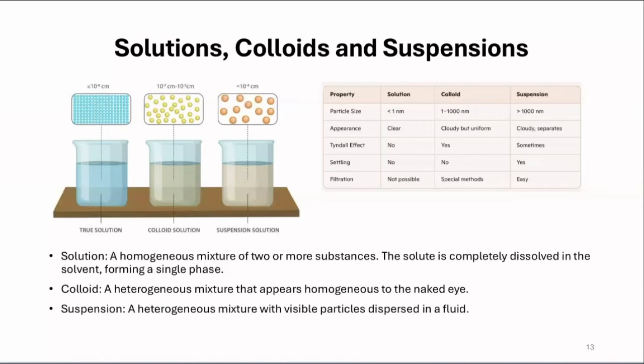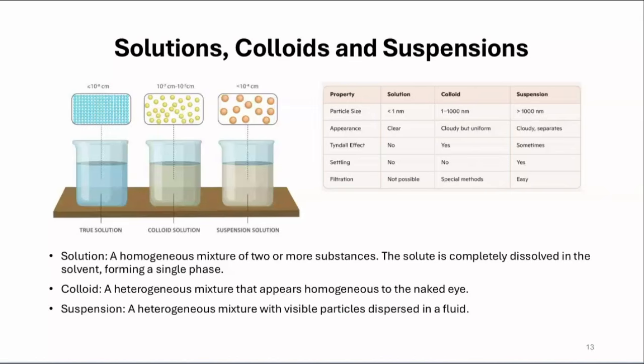If we look at how light is scattered in a colloid, there is scattering of light. That means that there is a Tyndall effect in a colloid. The particles in a colloid do not settle, and we need to utilize special methods in order to filtrate them. Lastly, mixtures can be classified as suspensions.